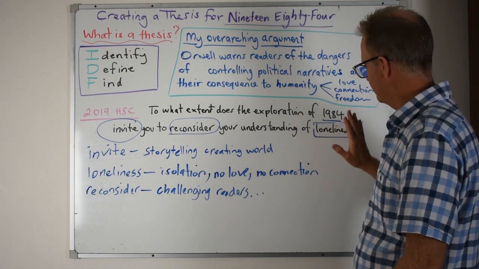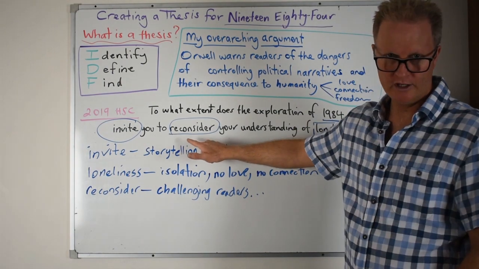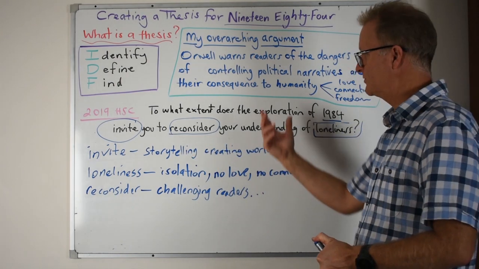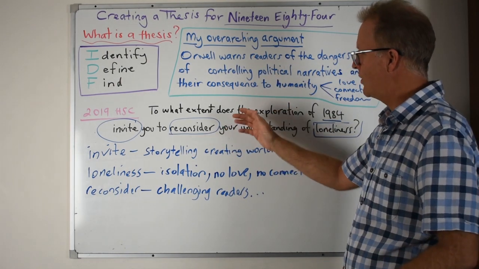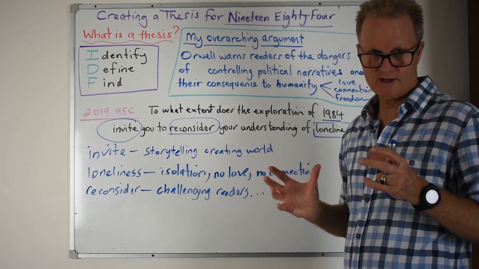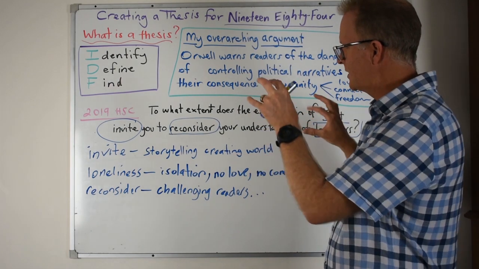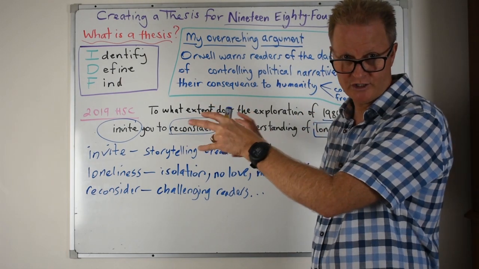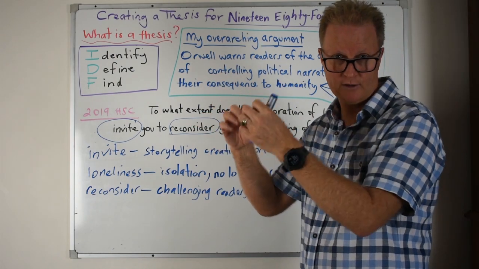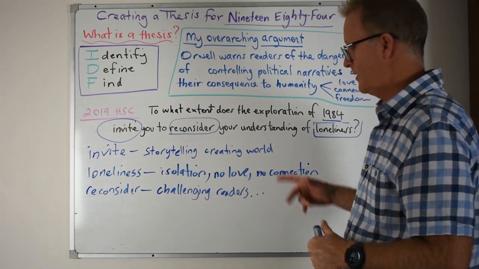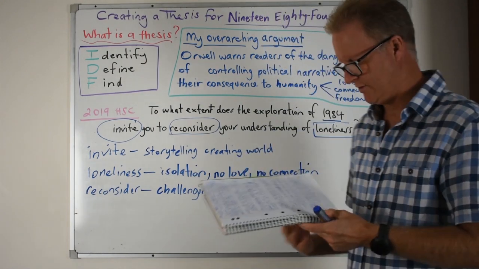We're exploring loneliness so that we can reconsider the impact of controlling political narratives on humanity. But sometimes there will be two key ideas or two parts to the question, and you have to find a way to be able to talk about both parts of the question, but we don't have to in this one.